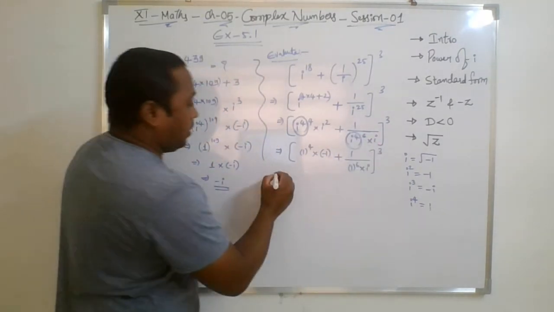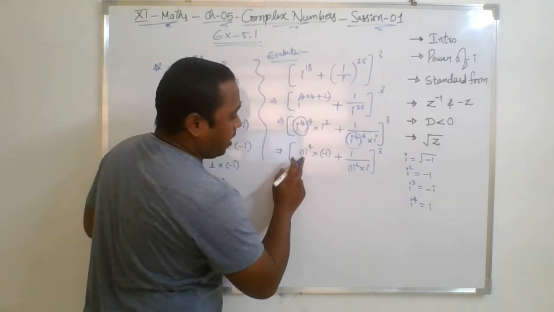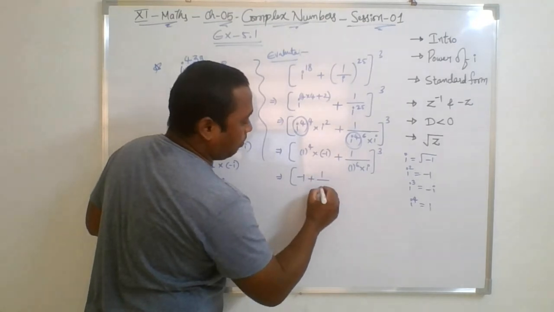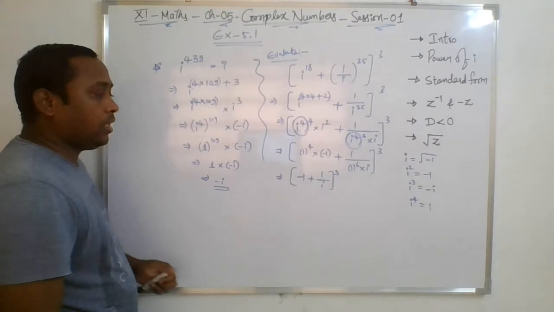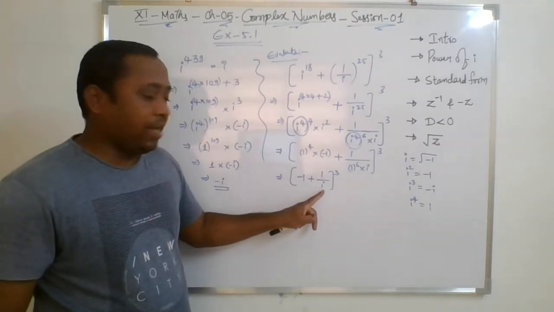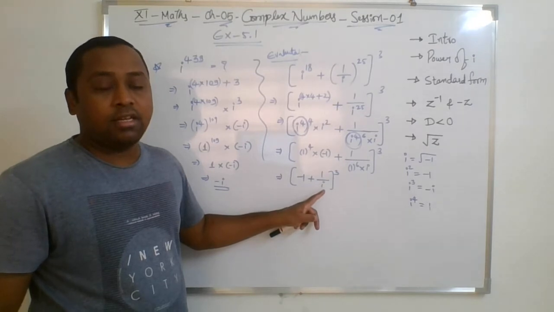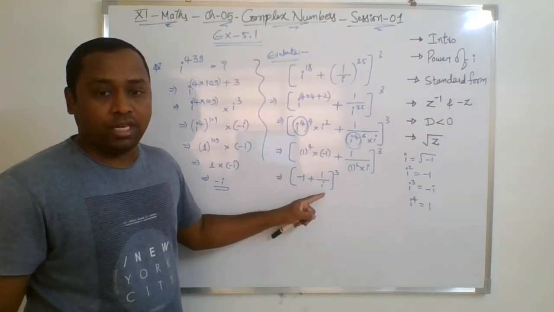Thereafter, 1 into minus 1 is minus 1, plus 1 upon i power 3. Again we are left with iota in the denominator, so definitely we'll go for rationalization over here.